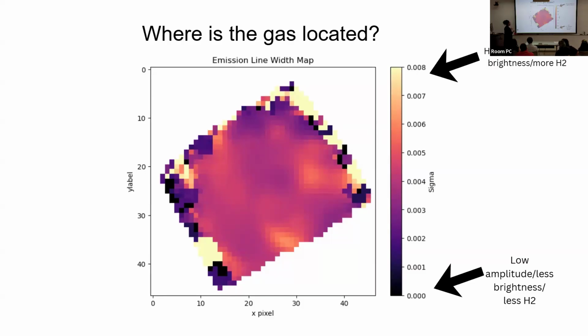So H2 is the brightest along the edges, as you can see, and in the center it is between like 0.003 to 0.006, which is saying that it's H2 in there, but it's not as bright as it is on the edges, and there are very few aspects of it where there's barely anything in it at all.